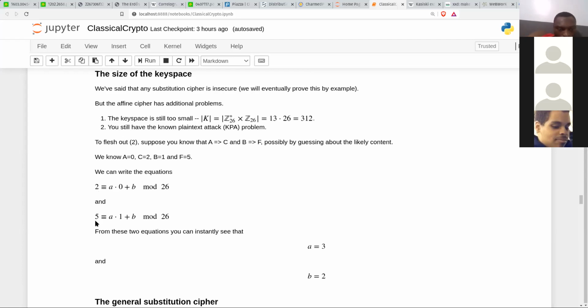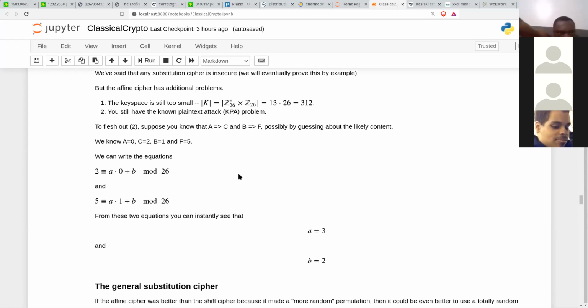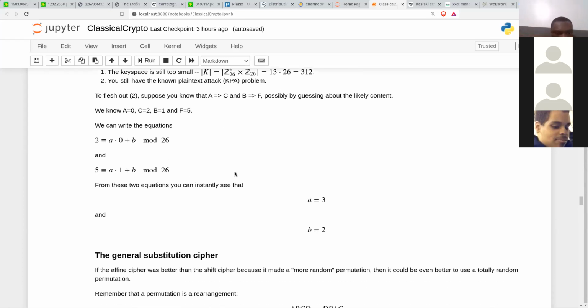You get another equation from the correspondence of B and F: B is 1, so we encrypt 1, and 5 comes out because 5 is F. If our guess about the plaintext is correct, we get two equations and two unknowns, and you can immediately solve for A and B.